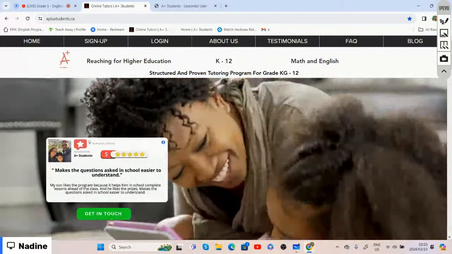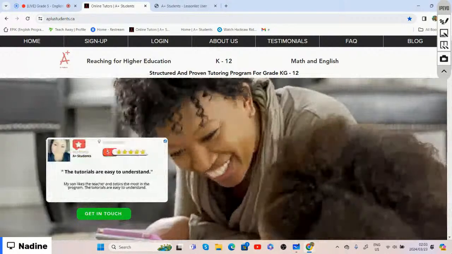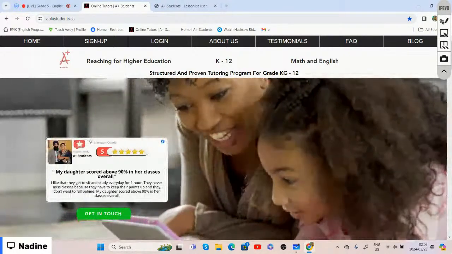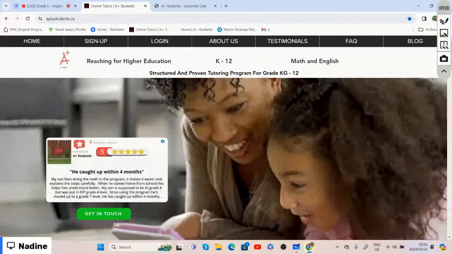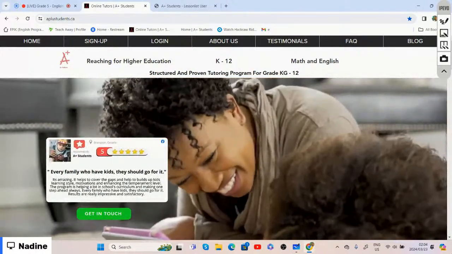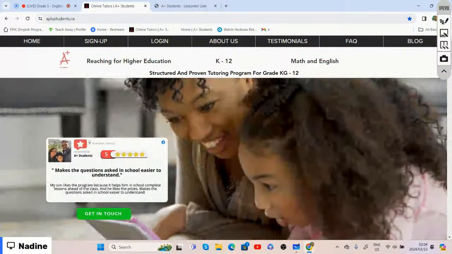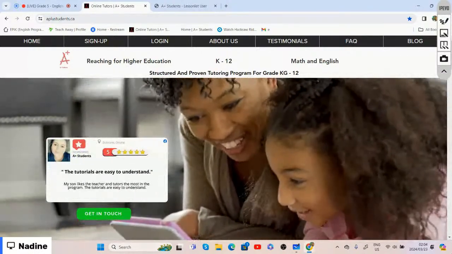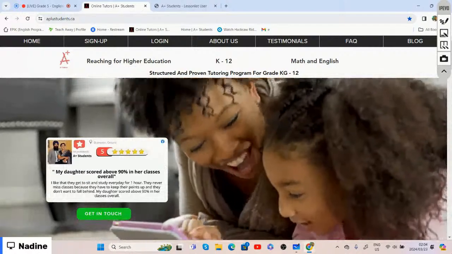Today, we'll be doing our grade 5 English lesson on root and Latin words. So, root and Latin words. And before we start, we're going to log on to aplusstudents.ca.